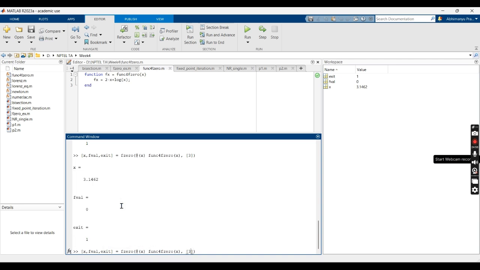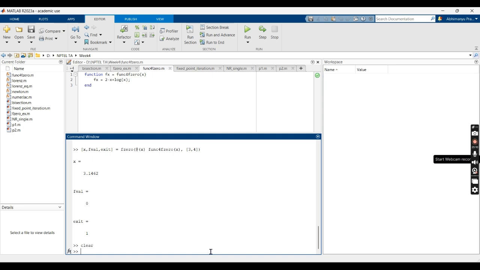In this case, we are trying to input the function handle, but we have created a file for the function. The other thing that we can do is to create a function handle itself.